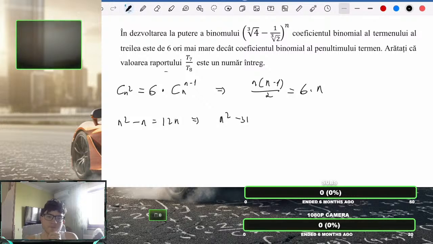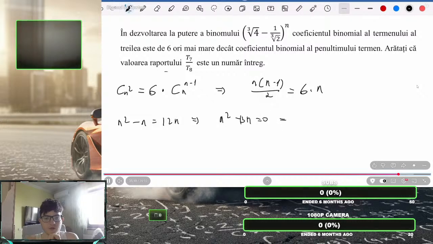Well, I guess this can be deducted, so let's just get on with it. Minus n equal with 12n, so basically it's crisscross, and n at the second power minus 13n equal with 0.